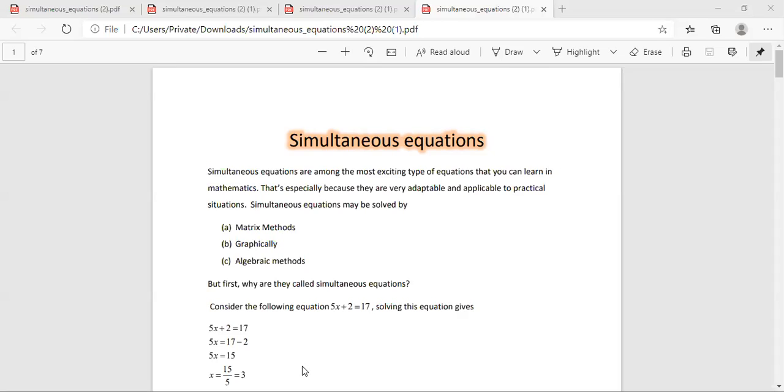The reason they say algebraic methods is because under algebraic methods, there are two ways of solving it. Two methods. Anybody know?